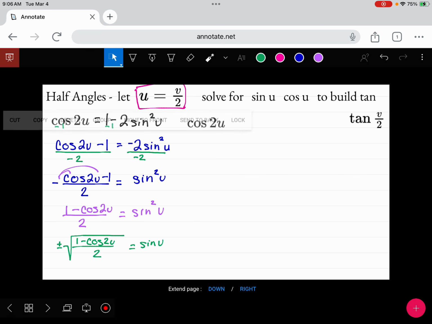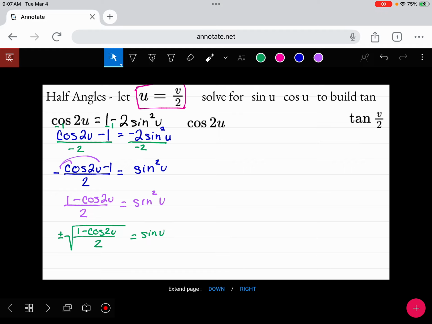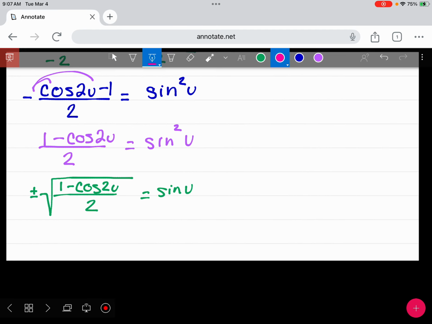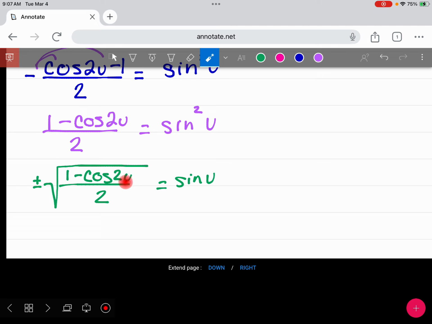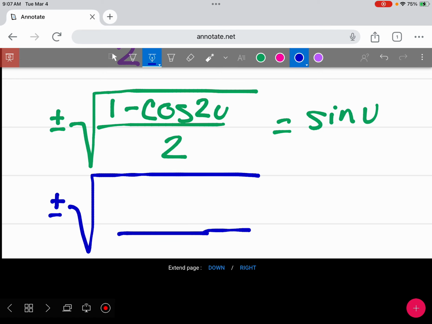We have one more line to write before we're at our official formula, because I want to substitute in that v over 2 for our u. The benefit of doing that is it's going to get rid of this 2 in here so we won't have a double angle. If I write this as our plus or minus square root, I'm going to have over 2 here, and 1 minus cosine of 2u becomes cosine of 2 times v over 2.